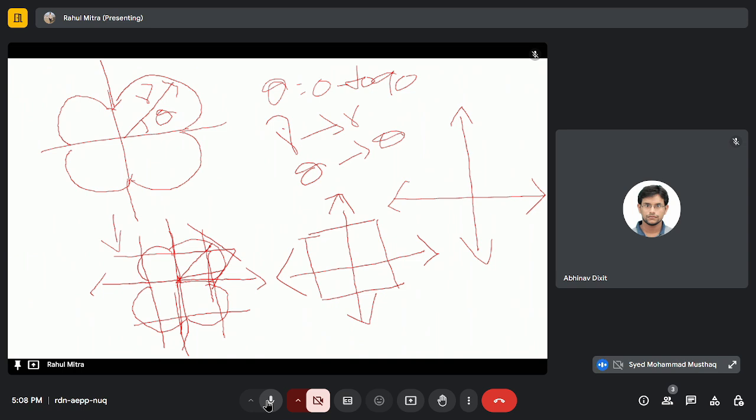Then we have a hexagon: one, two, three, four, five, six sides.